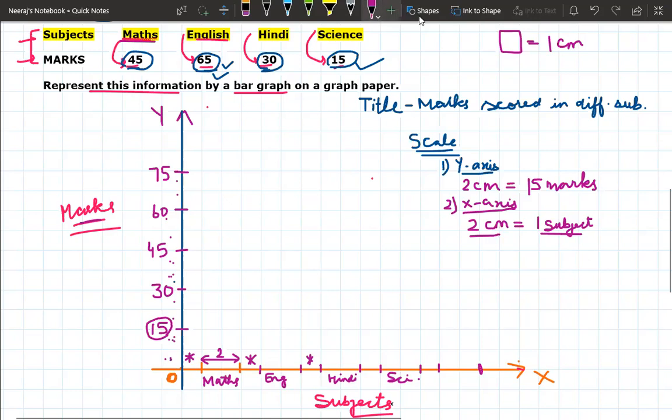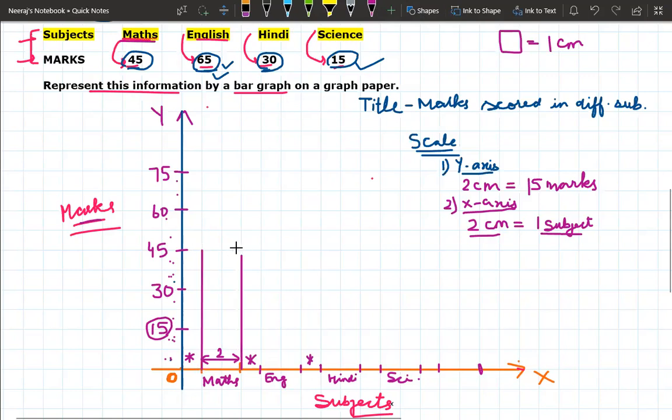So now let's represent the first number, that is 45, he has scored 45 in maths marks. So where's the 45? It is here. We will start from the maths line, leaving the first box, then you have to start plotting the number 45. And you know that 45 is over here only.